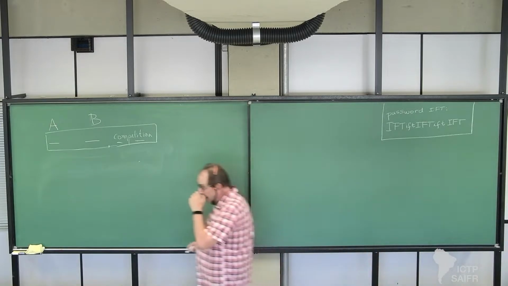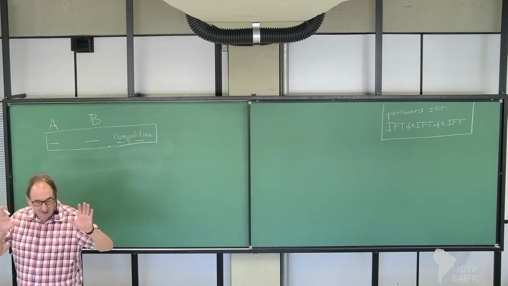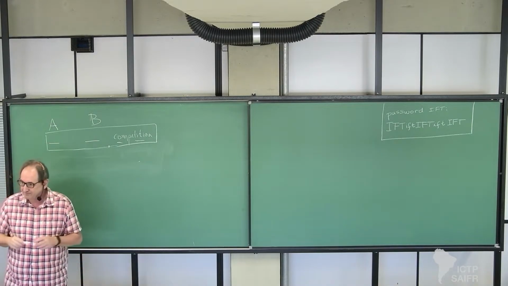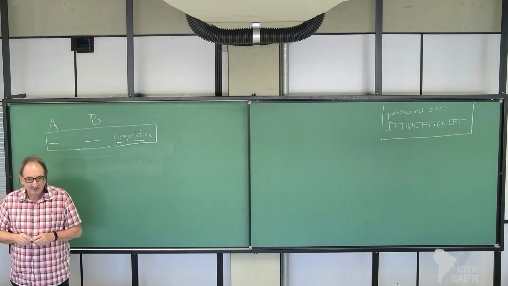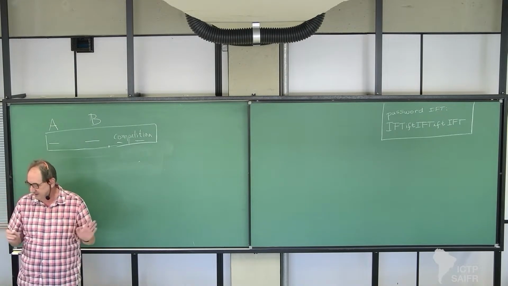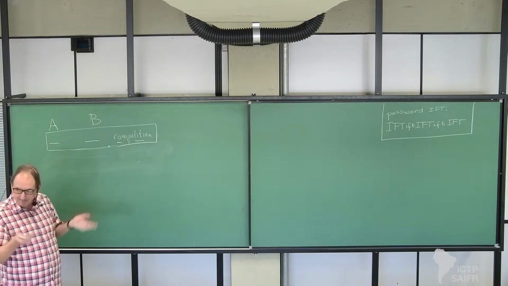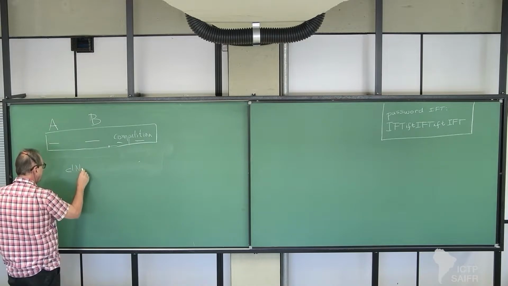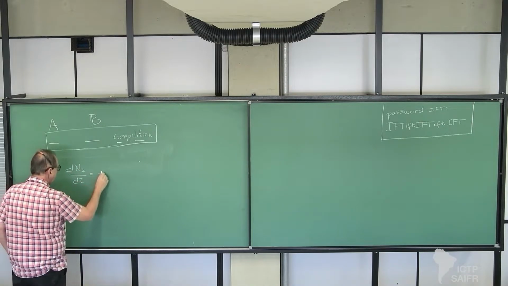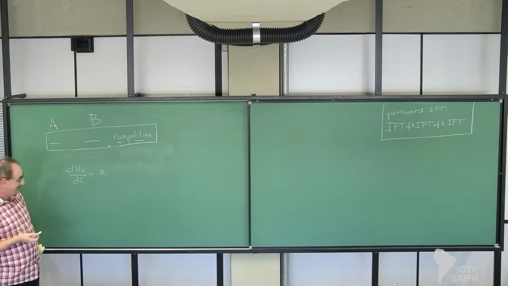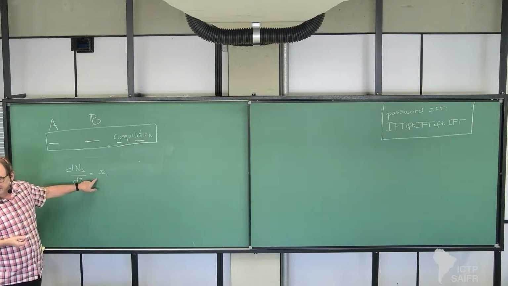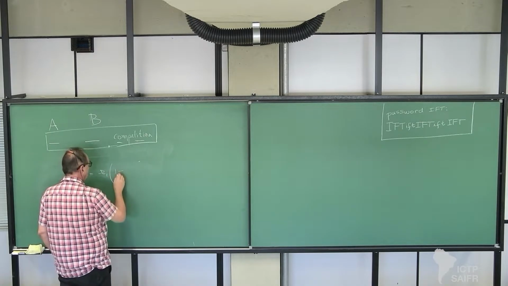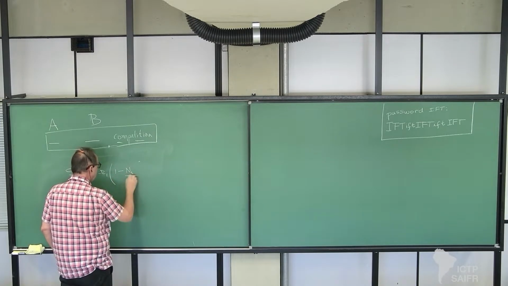Without interaction, we will suppose that the population is just growing logistically, logistic growth in the absence of competition. So I will start by writing this. Now things have indices. Population 1, intrinsic growth rate of population 1, R1, and then 1 minus N1 over K1.